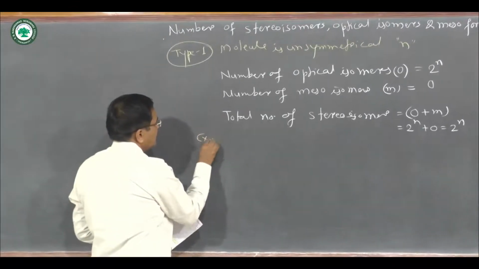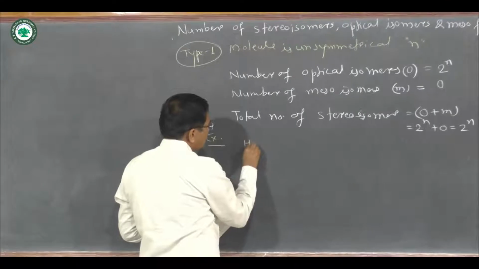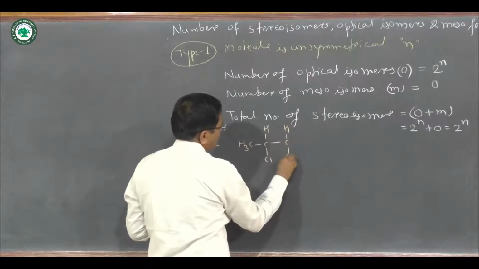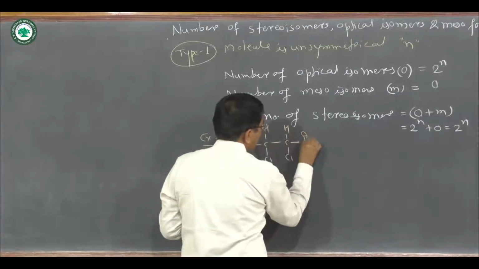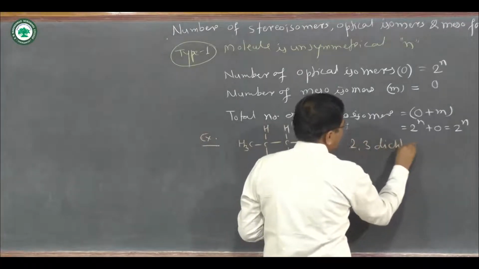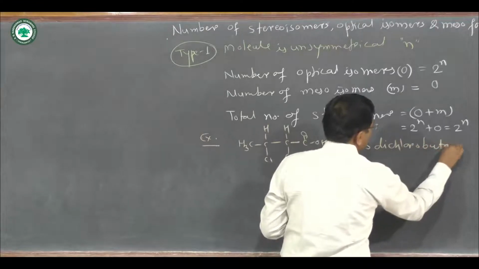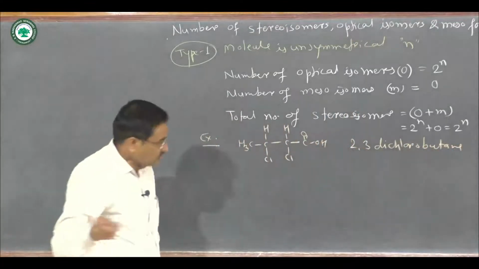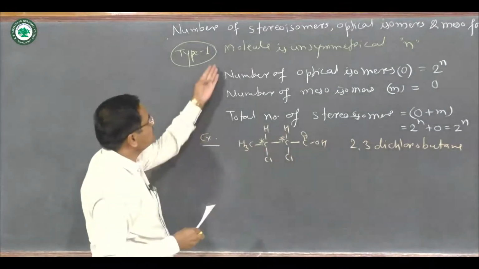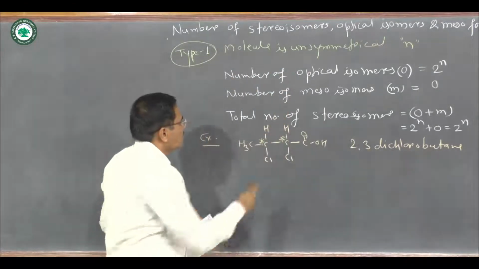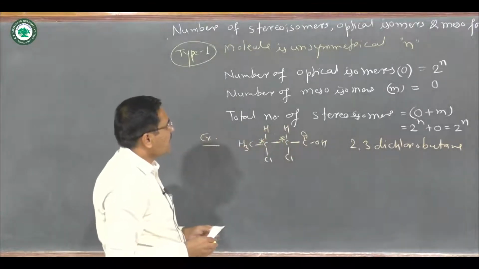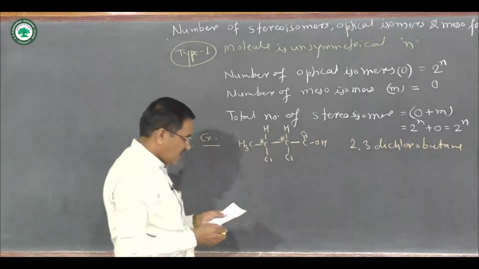Here these are the chiral centers. The molecule is unsymmetrical because this part and this part are not identical, and there are two chiral centers.